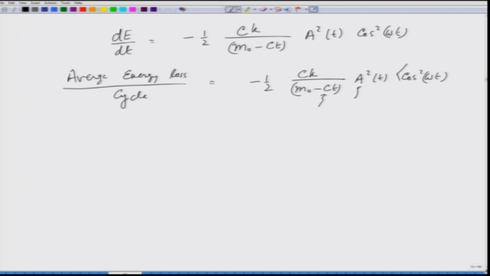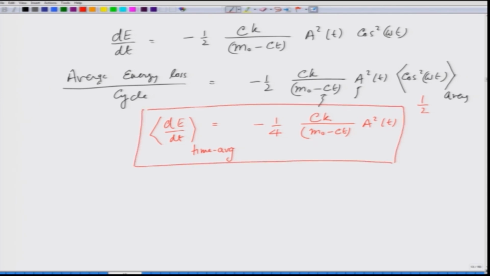So, I will take time average of this quantity only. And what is the average of this quantity? This is 1/2 over a period. So, average energy loss per cycle is minus a quarter c k over m naught minus c t, a square t. That is dE dt time average. These angular brackets represent time average.